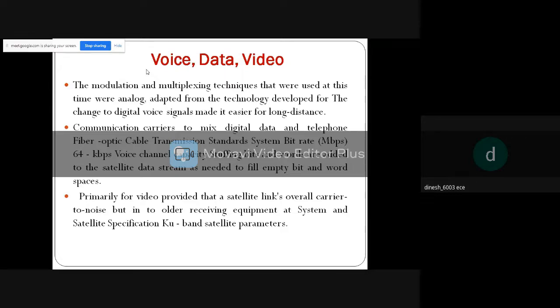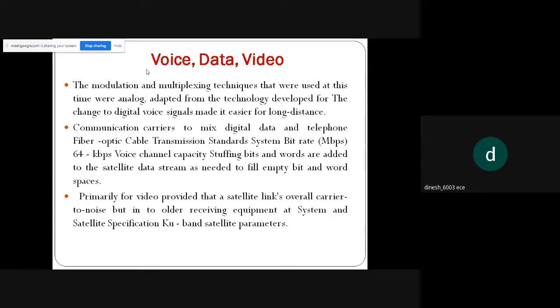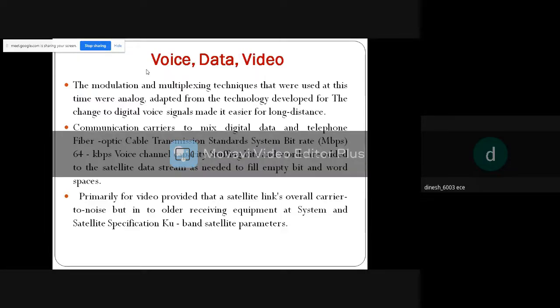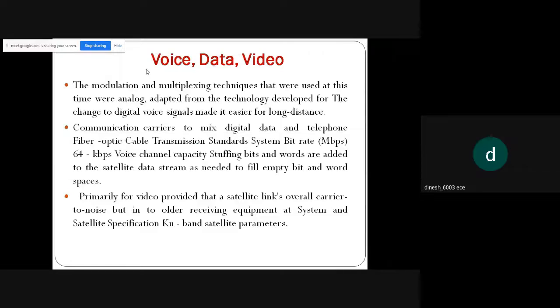So the communication carriers mixed digital data on telephone and fiber optic cable transmission standard systems, introduced with megabits per second and kilobits per second voice channel capacity. Stuffing bits and words were added to the satellite data, then streamed as required into space.